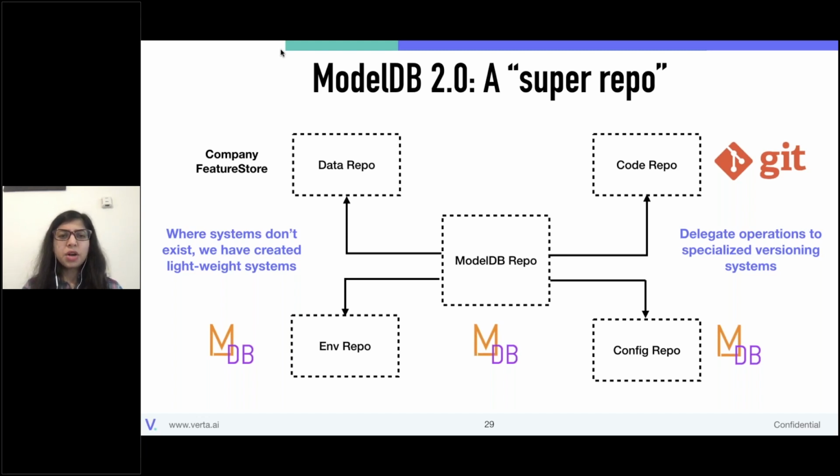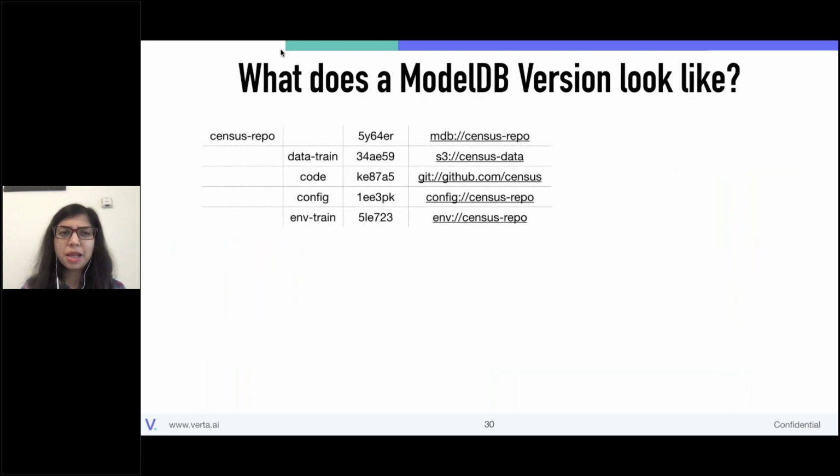So the idea here is similar to Git submodules for those that are familiar with Git. We have the high-level repo, and then it's going to delegate all the operations to things that are more specialized for handling that type of data. So that's how ModelDB is structured at a high level. Concretely, what does that mean?